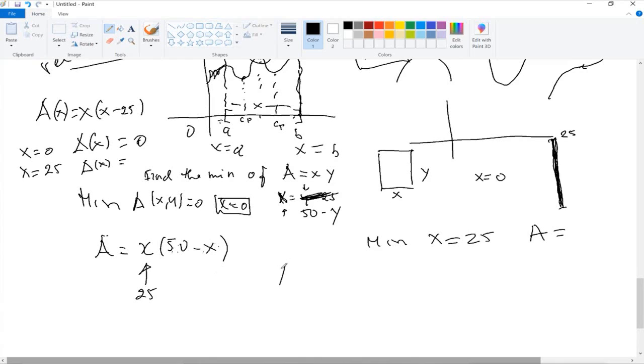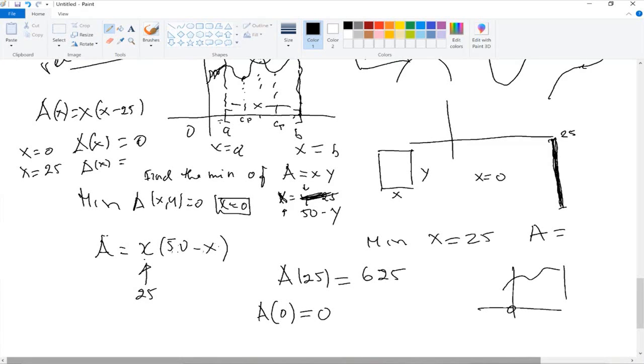Okay. A of 0 gives me 0, minimum value, no garden.